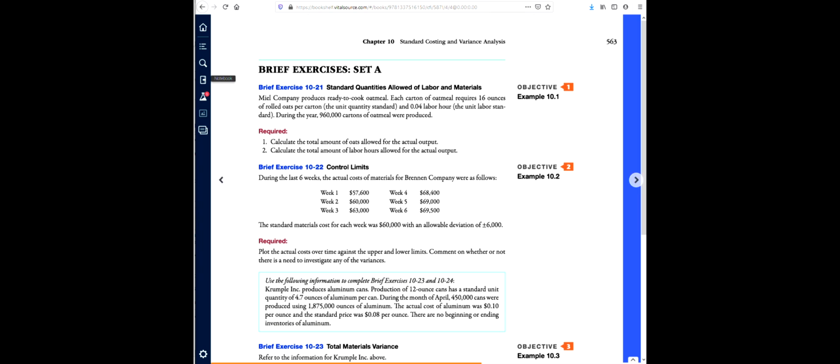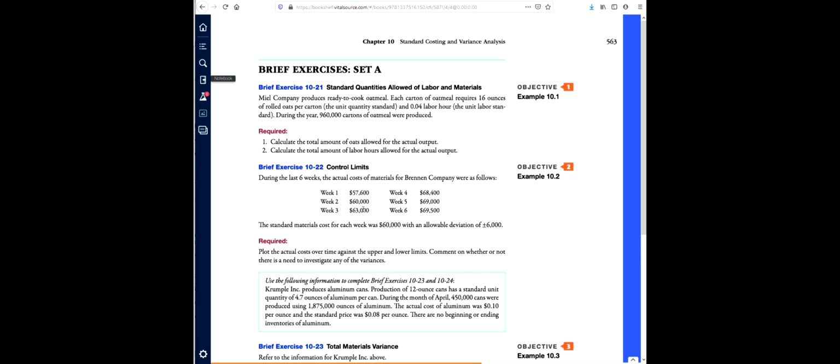On the other end, we also have an upper control limit, which is the $60,000 plus the $6,000, or $66,000. Now, when we look at the data points, weeks 1, 2, and 3 are within control limits and wouldn't require a variance investigation. But weeks 4, 5, and 6 are outside of the allowable deviation, which means that variance investigation would be proper.